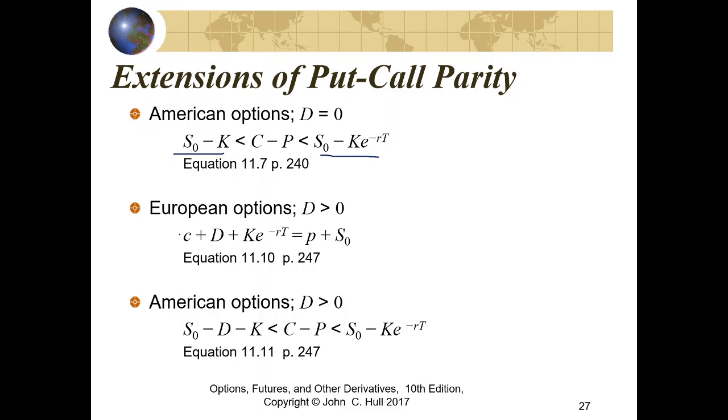If we want to introduce dividends for the put-call parity for American options, well, we deduct the dividend from the left-hand side of the inequality, and if the difference between the call and the put is greater than this part or lower than this part, then there is an arbitrage opportunity.